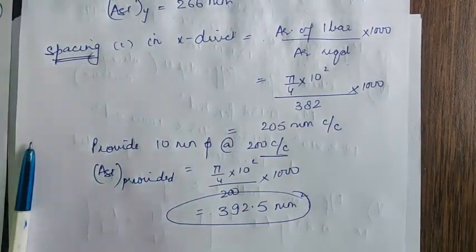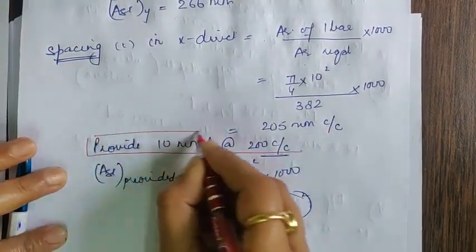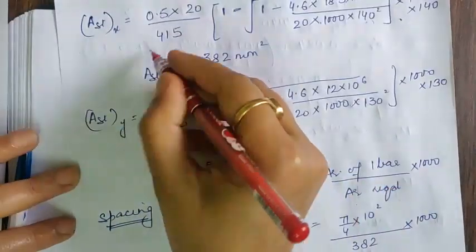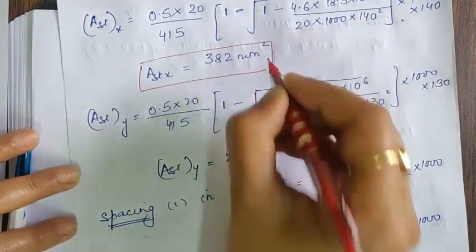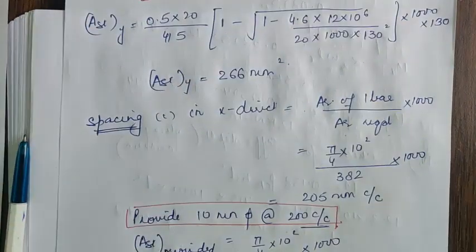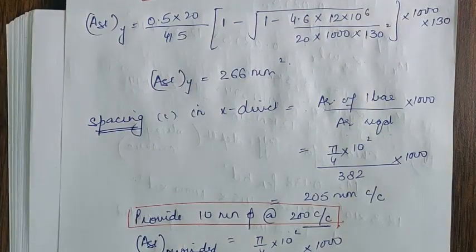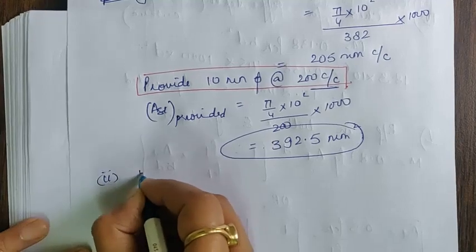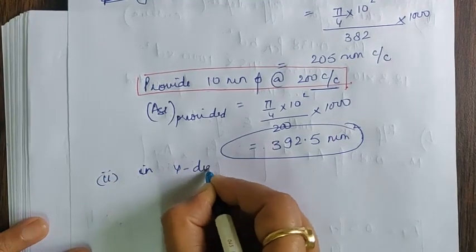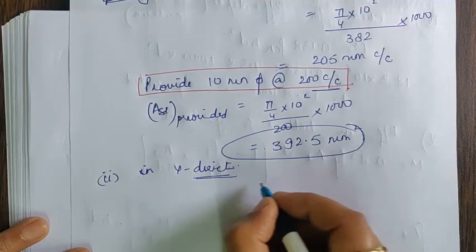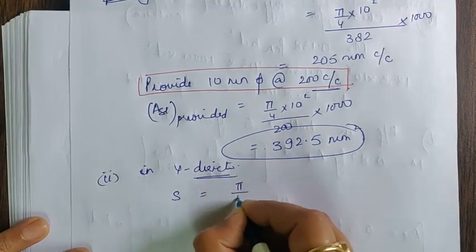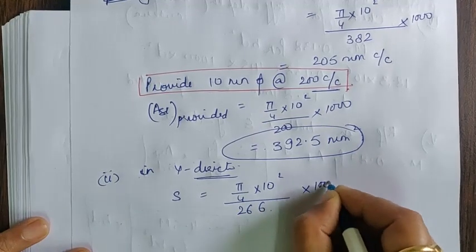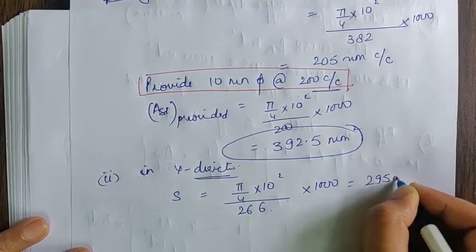This is the reinforcement spacing and this was the AST required in the x direction. Okay. Similarly, I'll find out how much is the spacing in y direction. In y direction, spacing is pi by 4 into 10 square upon 266 into 1000, that is 295 millimeters.